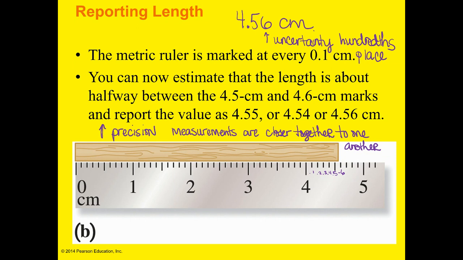Okay, so precision is based on the markings of the measuring device. So precision is based on markings of the measuring device.